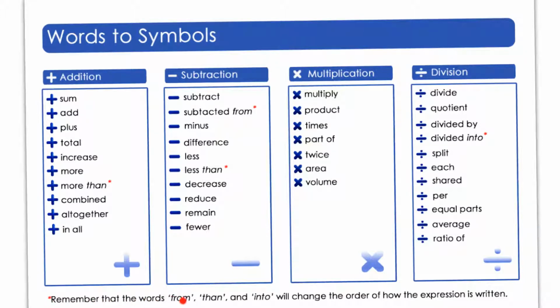Remember, the words from, than, and into will change the order of how you guys write the actual expression. I'll show you guys with an example what that means. But just keep in mind that those words, than, from, and into, will change the order. Everything else, you're just going to make sense of the problem, first of all, and then you just write down the sentence that will make sense to the algebraic expression.